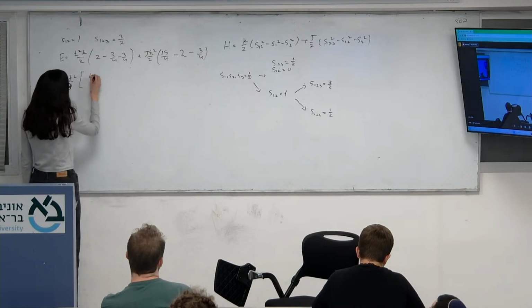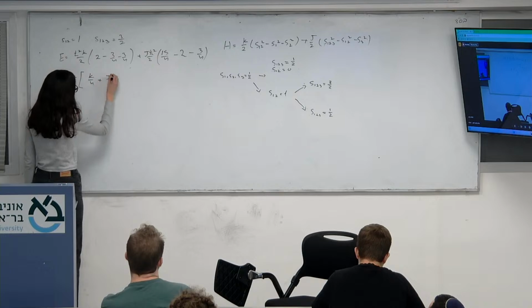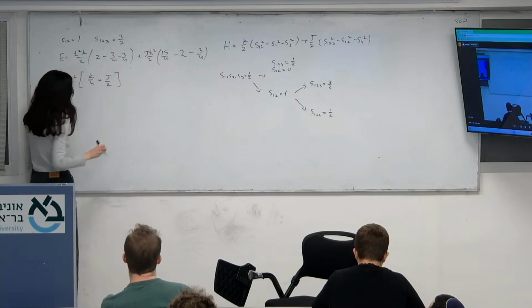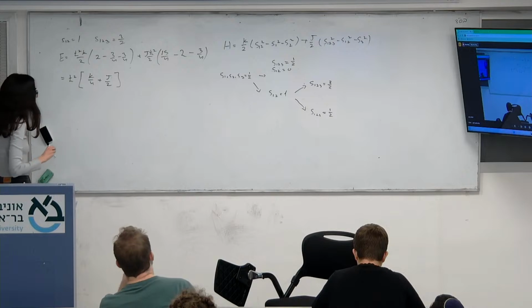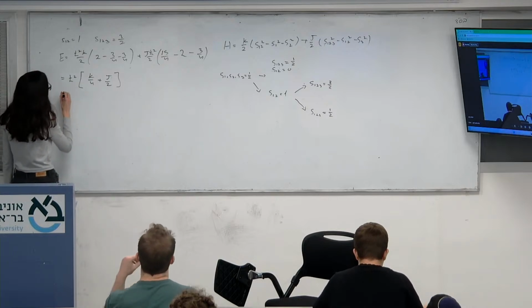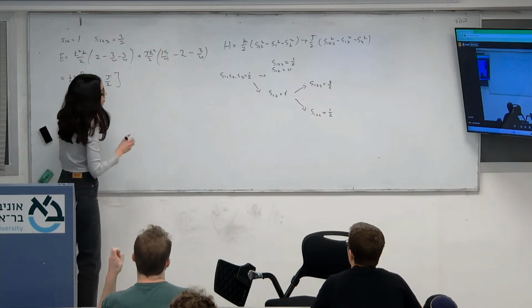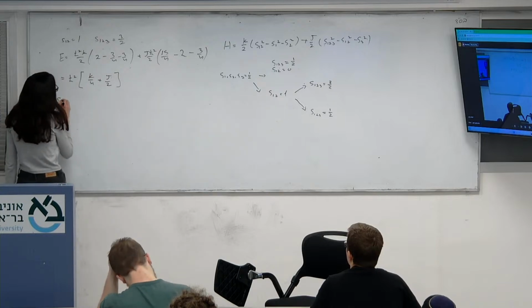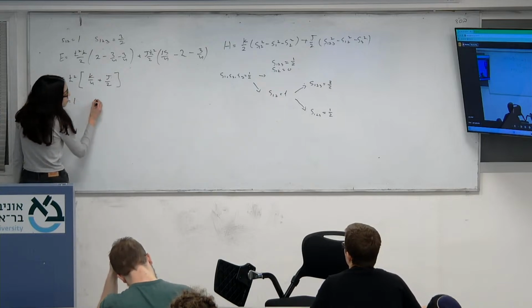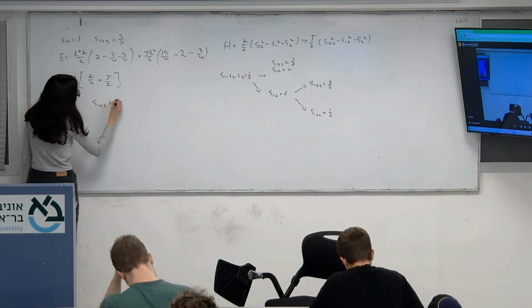So K over 4 plus J over 2 for S12 equal to 1 and S123 equal to 3 over 2.